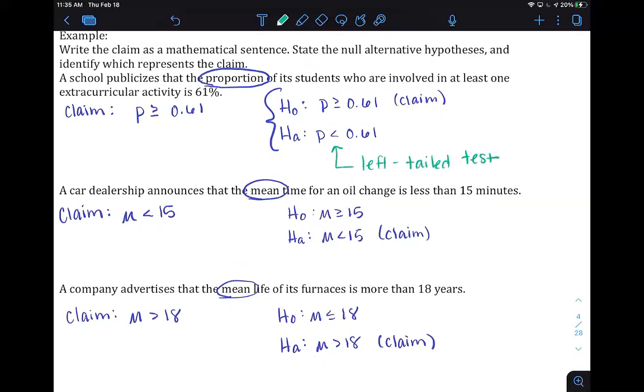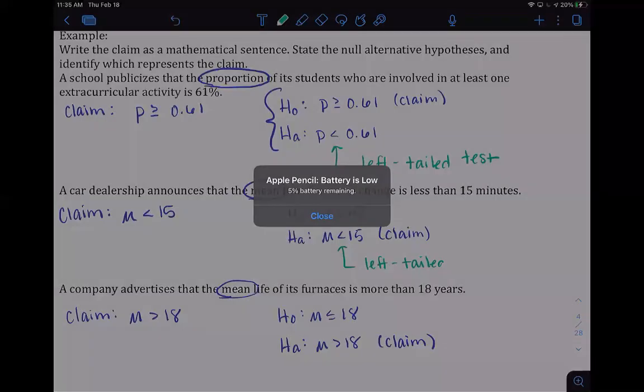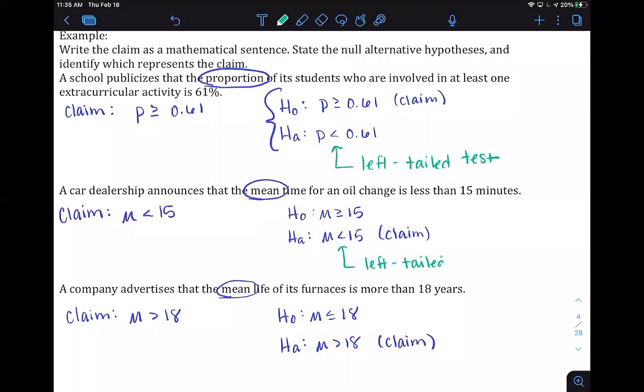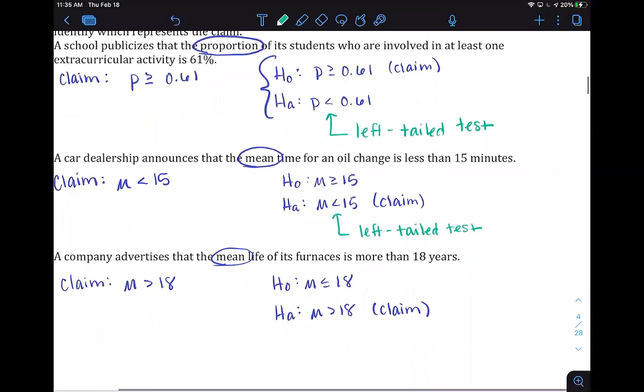What about the second one? Mu is less than 15. Left-tailed again. And what about this last one? Mu is greater than 18. Right-tailed.